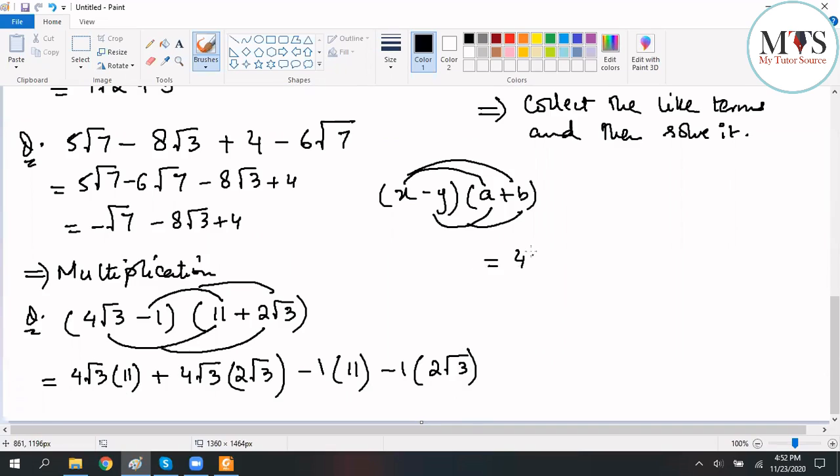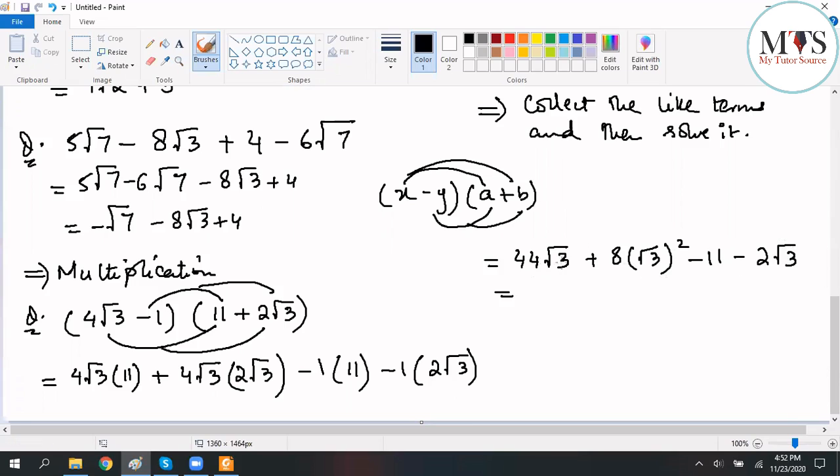Then this becomes 44 root 3 plus 8 root 3 squared minus 11 minus 2 root 3. Any questions? No. Okay.